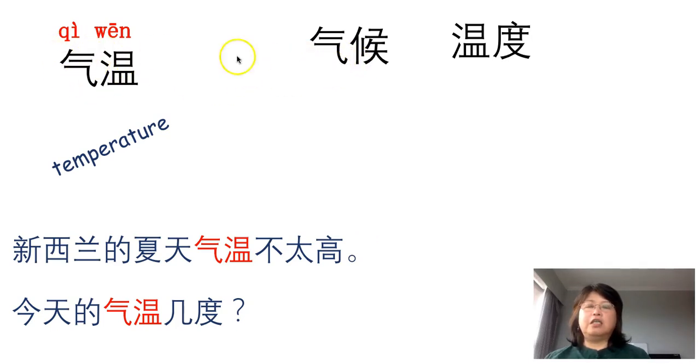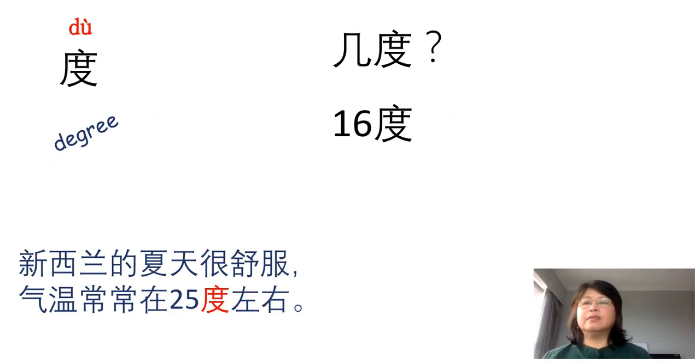And 气温 has other expressions of 气. So 气候 we have learned this word that means climate. And when we talk about the temperature, we can use another way to say it, 温度, it also means temperature. 度 here is the measure word for degree. 度 is degree. For example, how many degrees?